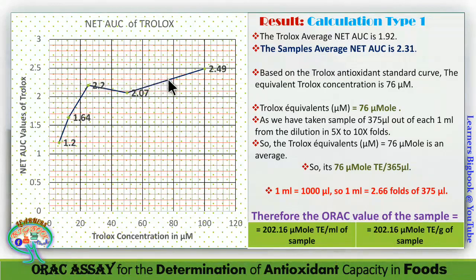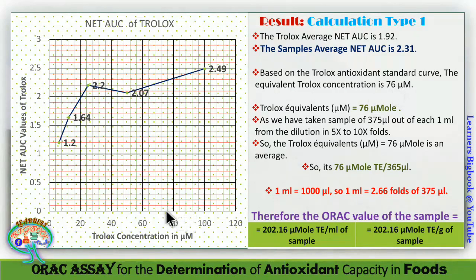So from the y-axis at 2.31 there will be a line, and it is going to fall on the x-axis at this particular line. So this line is going to have the value of 76 micromolar.